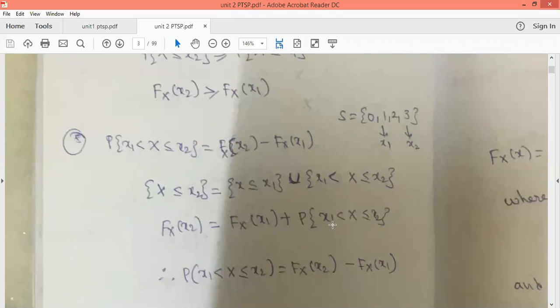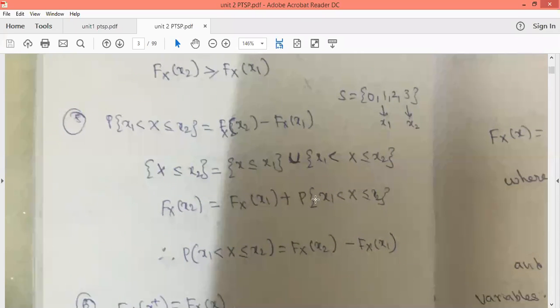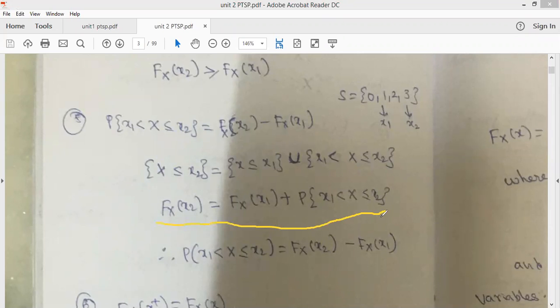Plus, what is this? It is the probability of x1 less than x less than or equal to x2. Now, from this equation, the probability of x1 less than x less than or equal to x2 will be Fx of x2 minus Fx of x1.